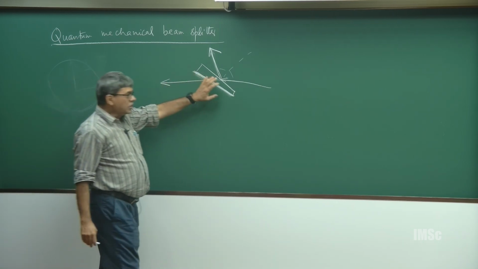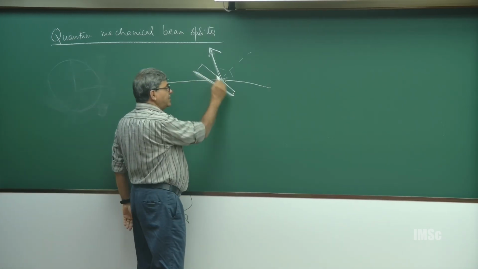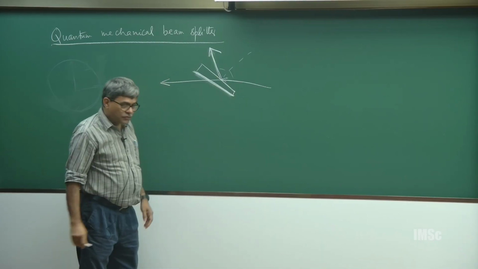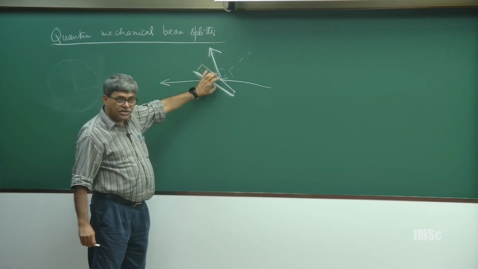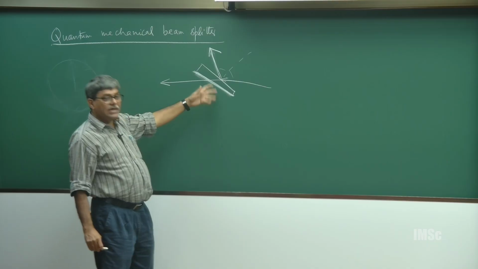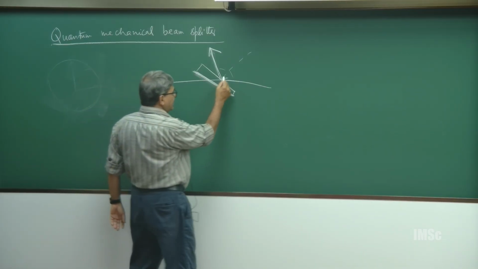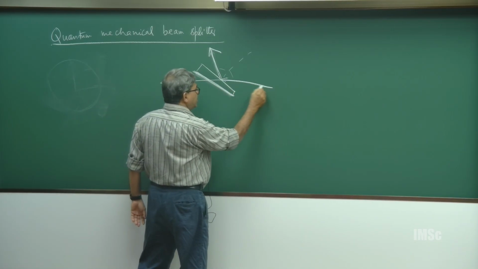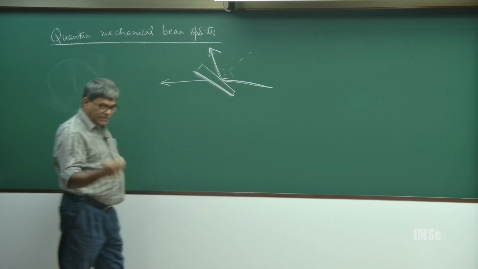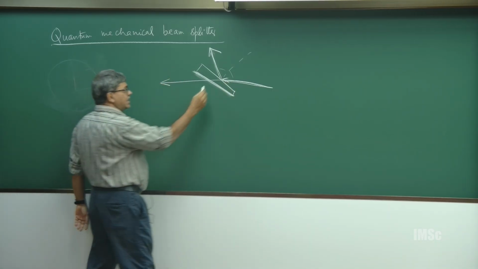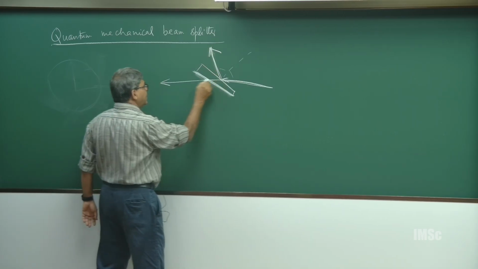So, if I assume that this is a lossless beam splitter, so it is not absorbing any light, neither is it releasing any light, then the total input energy of light, which is intensity, should be the same as the intensity of light here plus intensity of light here.